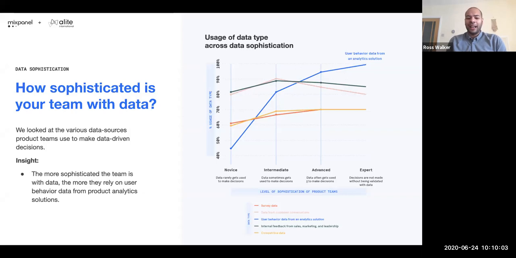Having said all that, I don't want you to think that qualitative data is not an important metric. It's not an important source of data. Actually, qualitative data is still very useful and can present great insights into what your users are doing, especially when you start to combine that with the quantitative product data.